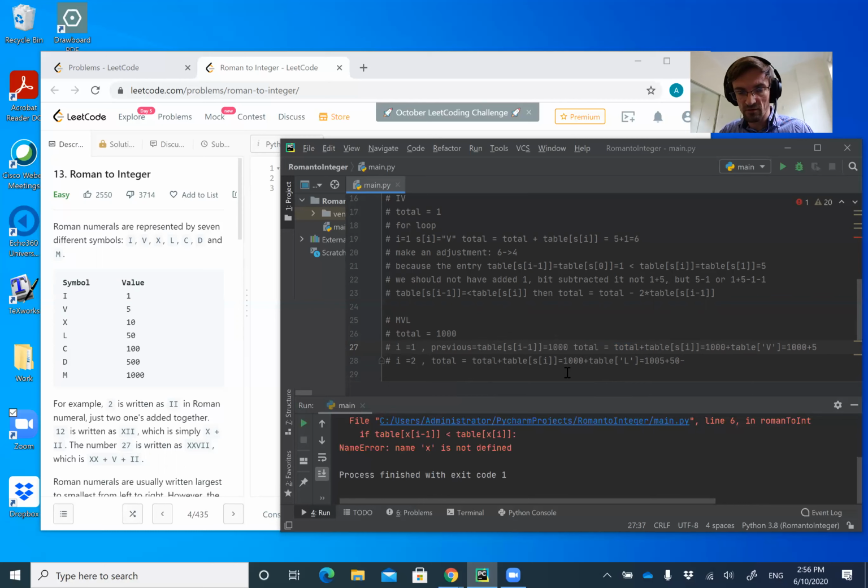The current one, table of V, is 5. Just 5, and then the total for I equals 1 is simply total plus current, which is 5.